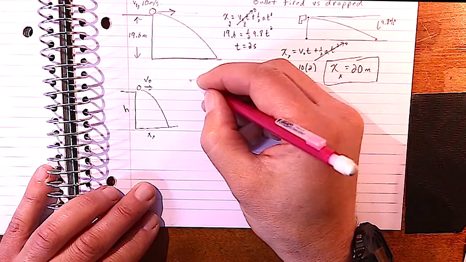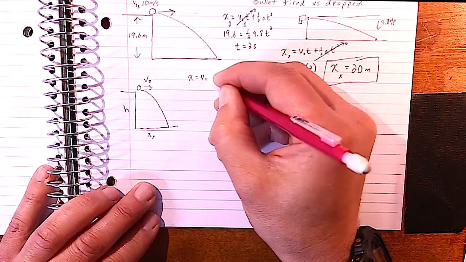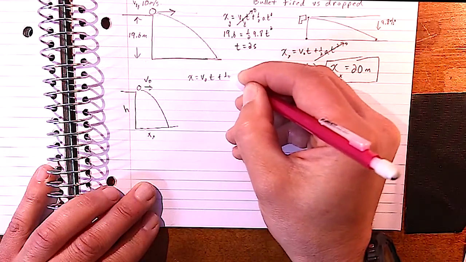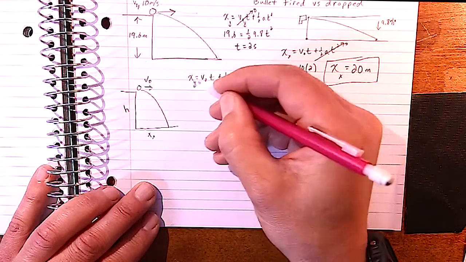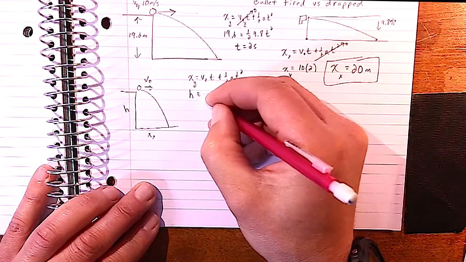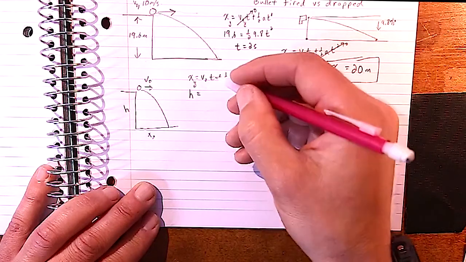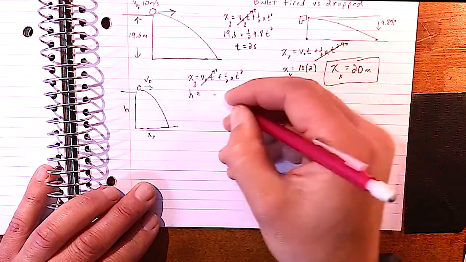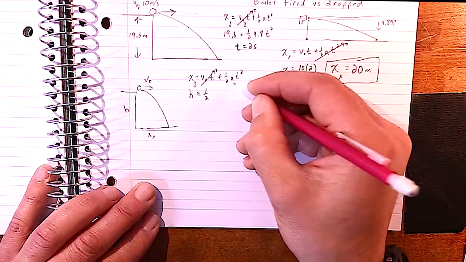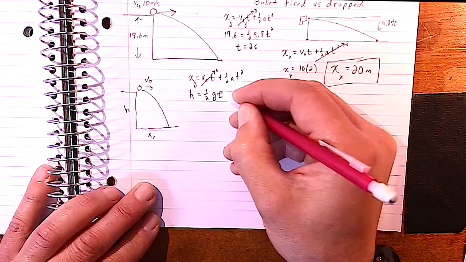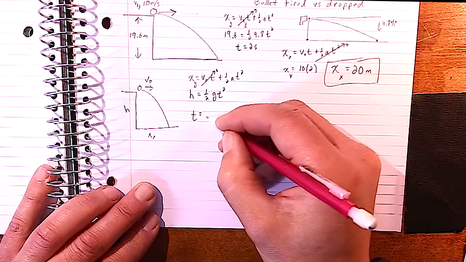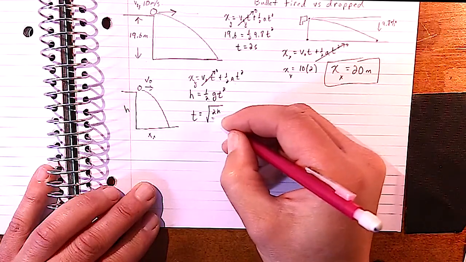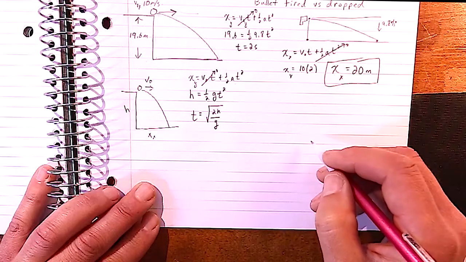So we can go back, and instead of putting in delta y, we can sub in the height. And our v0y is 0, and we can sub in g for acceleration. Rearranging for the time, we get t is equal to the square root of 2h over g.